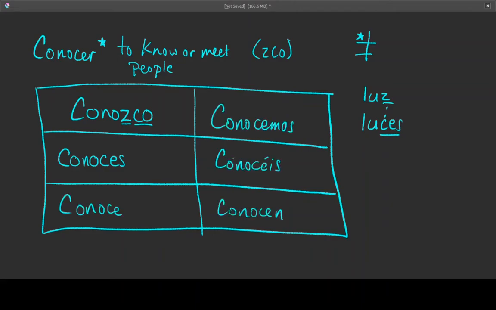And so the rest of our forms for the verb conocer: we've got conozco in the yo form, conoces in the tú form, conoce, conocemos, conocéis, and conocen. And as you see, these are just our regular ER verb endings that we have for our regular verbs from Conjugation 1.0. And that is go-go and cousin verbs.